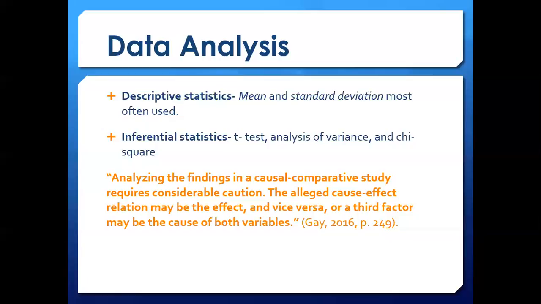This is really important in understanding the data that you're getting. Since you aren't manipulating any of the variables, since this has already occurred and you're just looking at the data, it's important to make sure that you look over the findings and analyze them again and again to make sure that what you're saying is the cause and effect is actually the cause and effect.